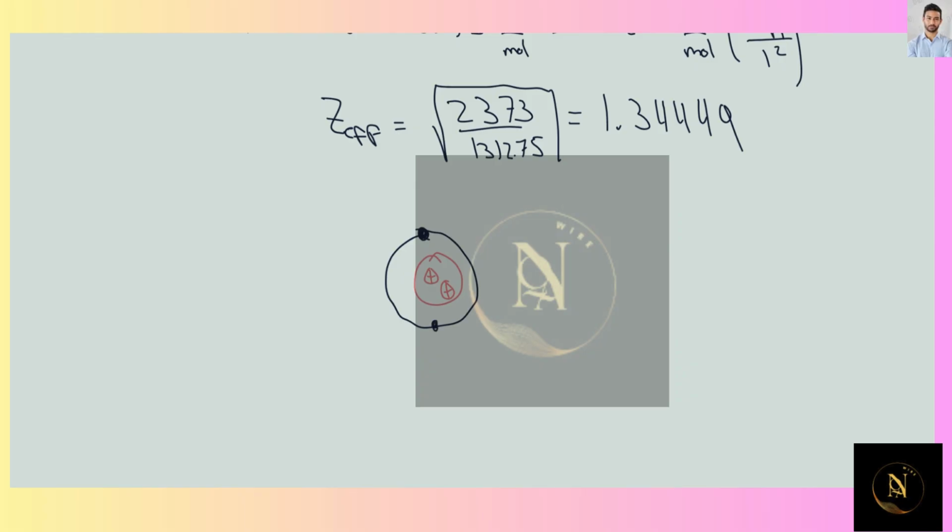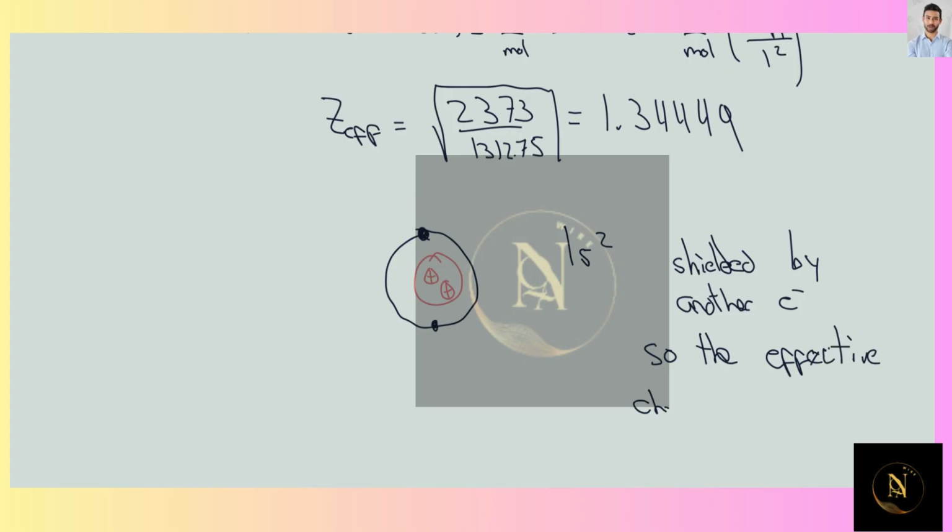But at the very end, what is going to happen is that one of the 1s2 electrons is going to be shielded by another electron. So the effective charge is lower than 2. This is because we have this negative charge that is surrounding also the nucleus.